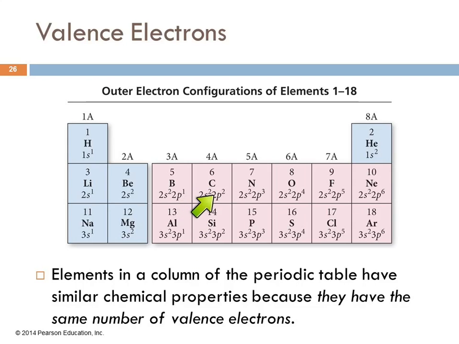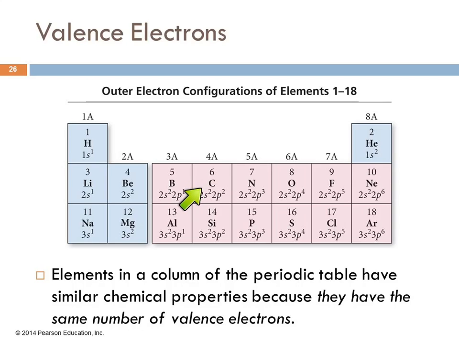Carbon is 2s2, 2p2. Silicon right below it, 3s2, 3p2. The difference is that these electrons are in a next higher principal energy level. But carbon has 4 valence electrons. It also has 2 1s electrons, but those are on the inside. So the highest principal quantum number for carbon is 2.